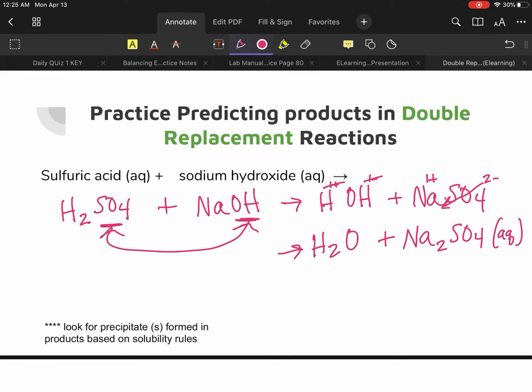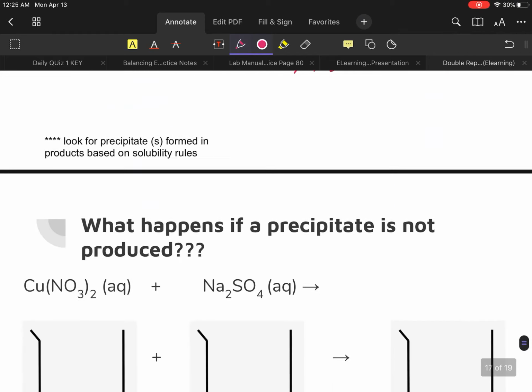And the H2O, we know that's not going to be a solid. It's actually just a liquid, just liquid water. So basically what we end up with is this sodium sulfate just dissolved in water. So I don't have any precipitate in this one either.